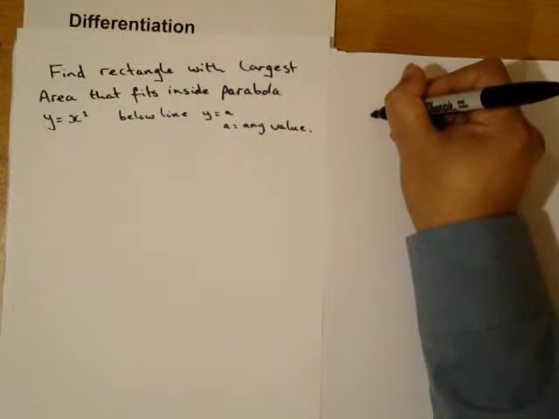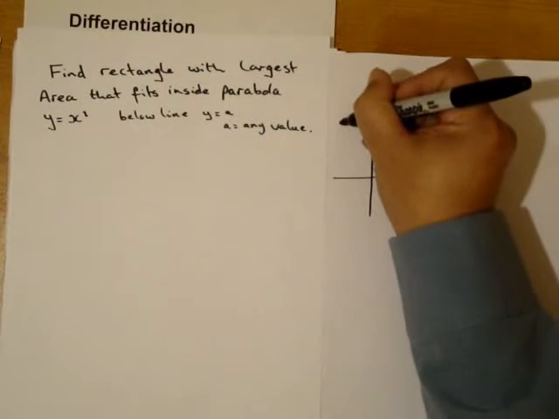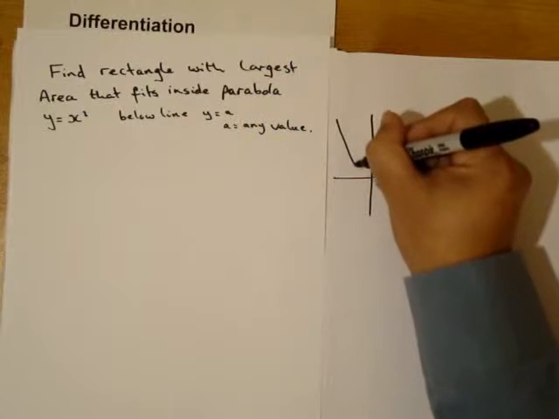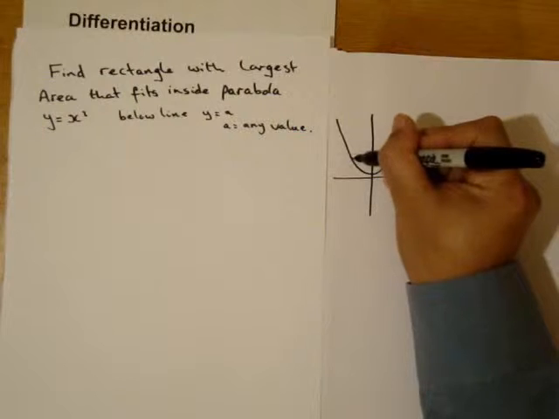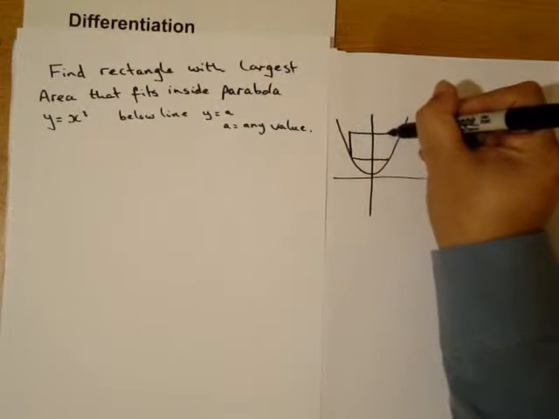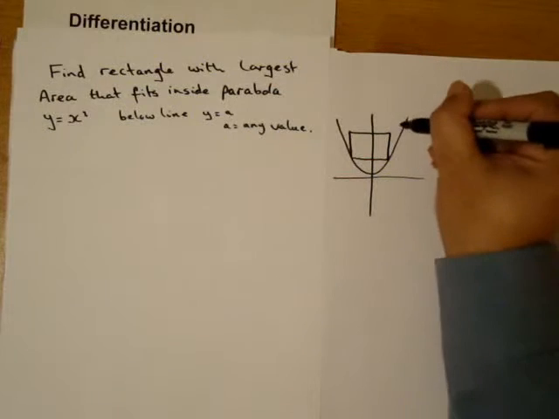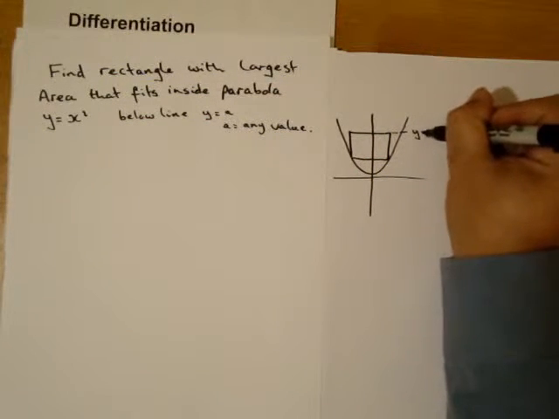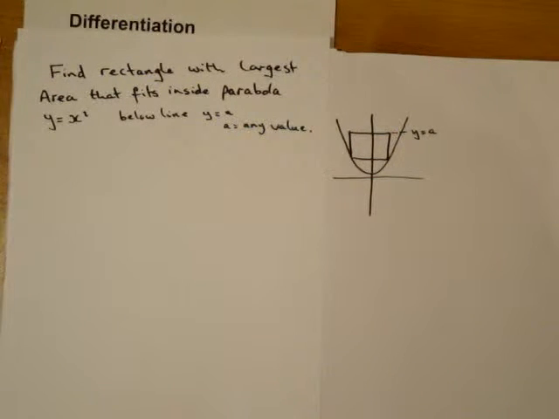If we draw this parabola, y equals x squared, it's something like that, goes through the origin and up, and we've got a rectangle in here, and this is the line y equals a, and we want to maximize the area of the rectangle below that line.